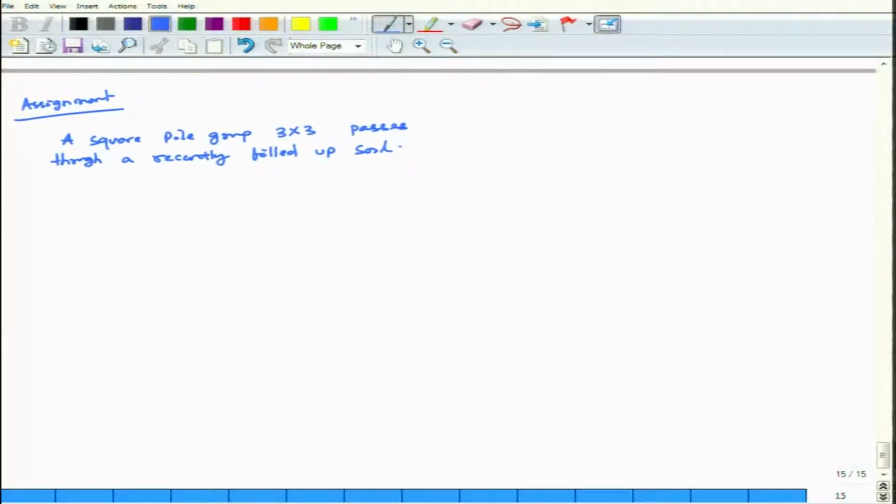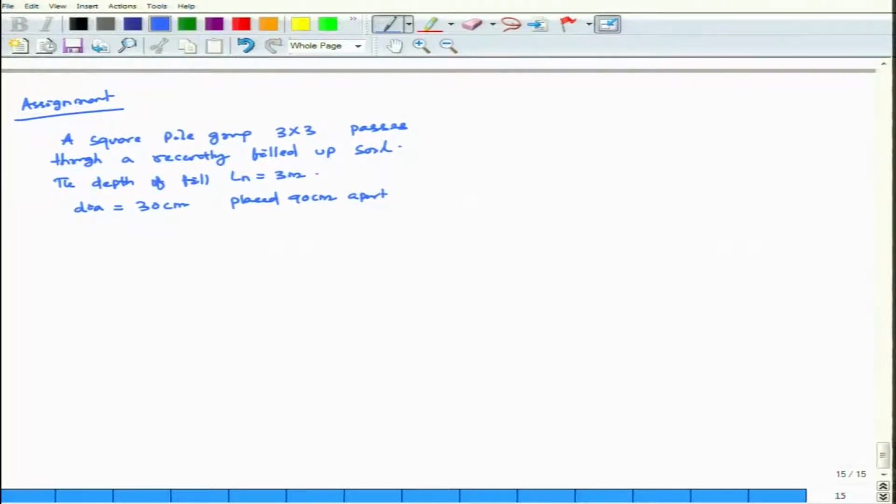The depth of fill L n is equal to 3 meter, diameter of pile is 30 centimeter. They are placed 90 centimeter apart from each other.